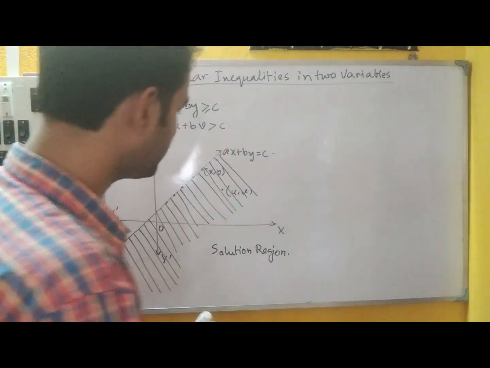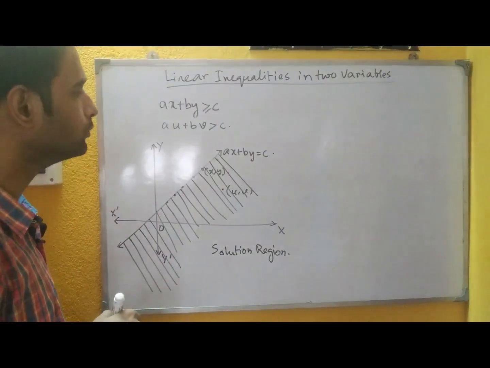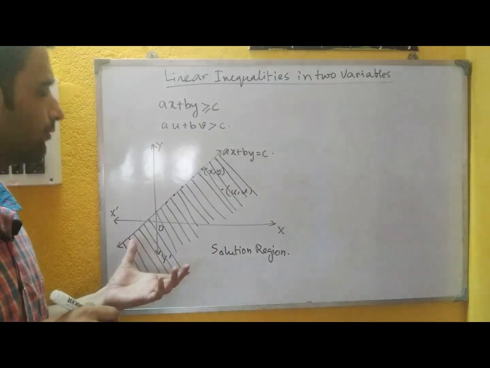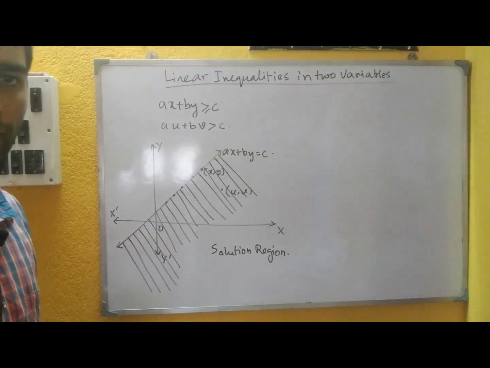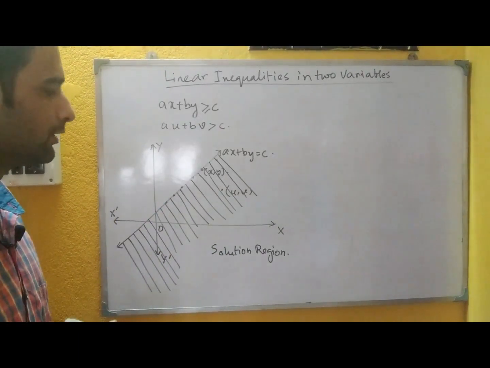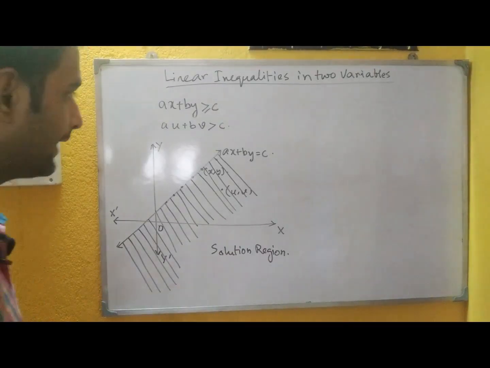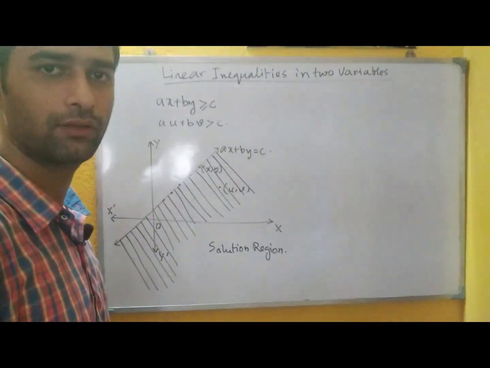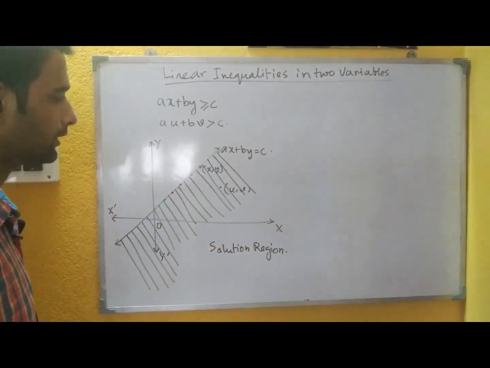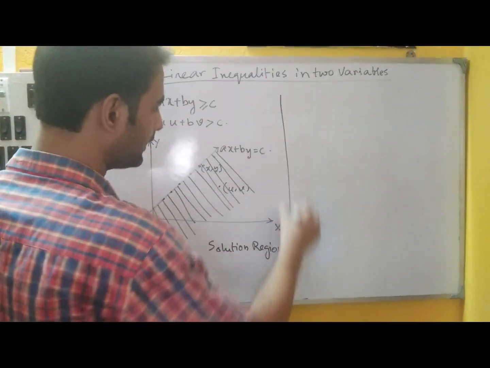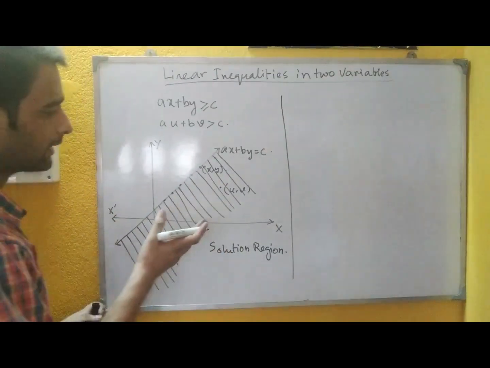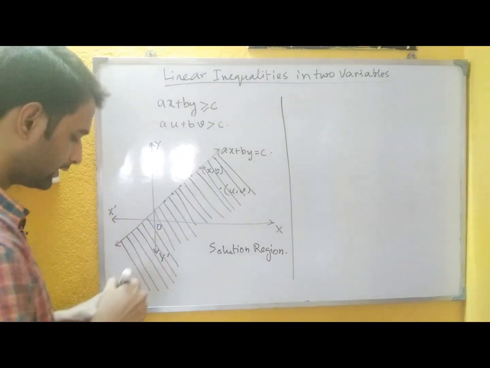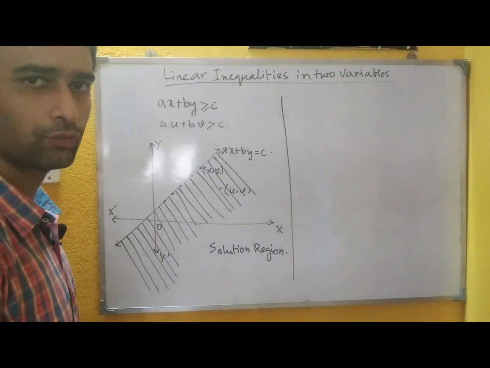So while solving the problems, we have to recognize which region, whether above the line or below the line, qualifies as the solution region. For that, we usually take a point outside the line and put it in the inequation and see whether the inequation is true or not.